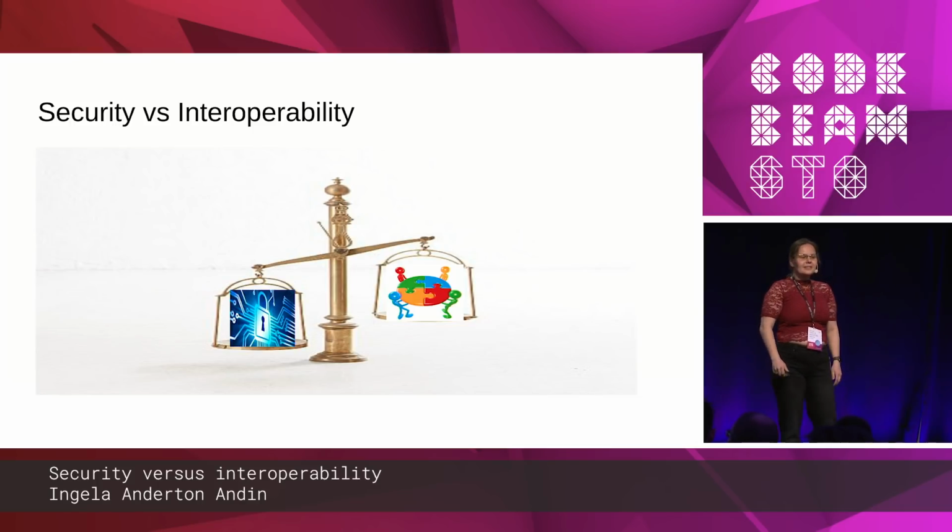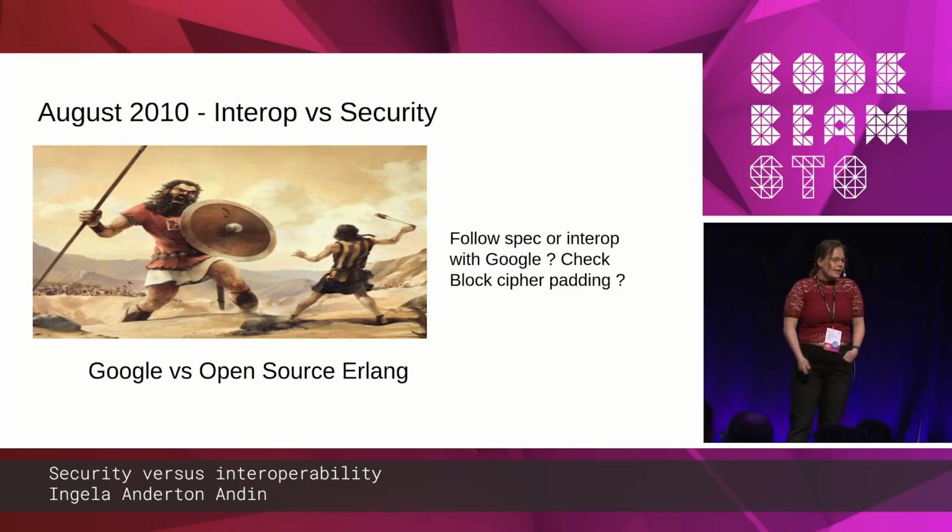But let's get into the security versus interoperability trade-offs. So in 2010, we had this choice. Should we follow the spec and check the block cipher padding, or should we interop with Google?